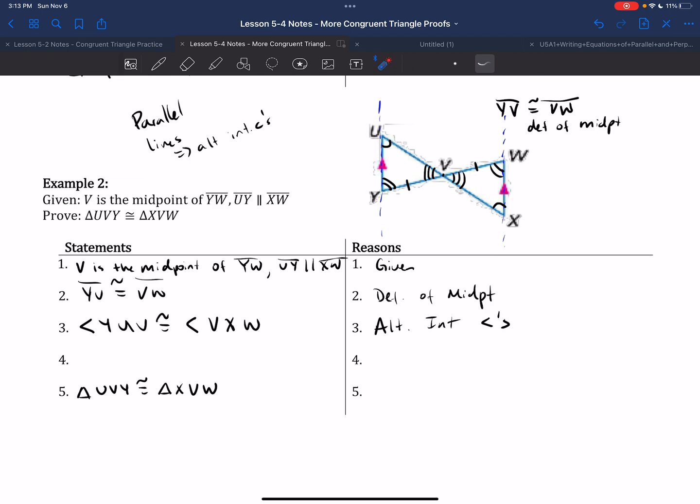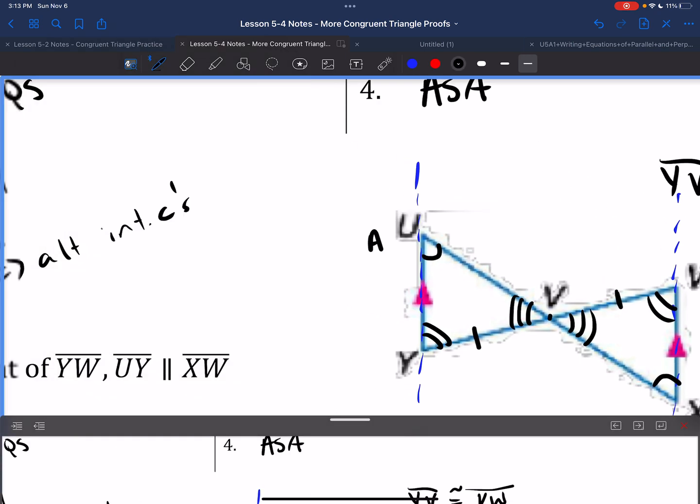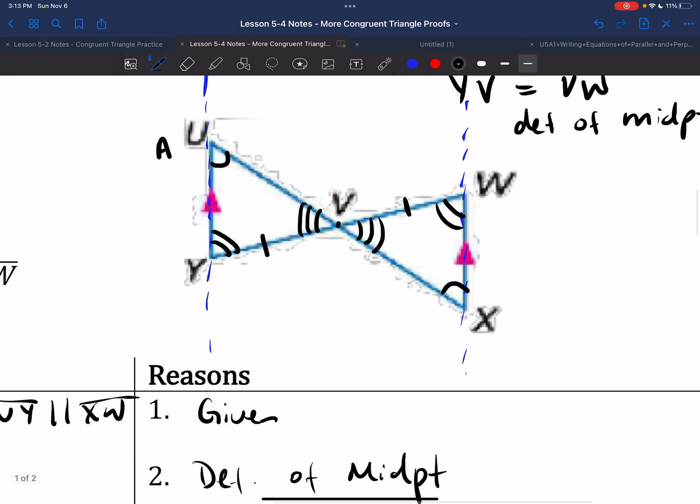Okay. Now, I could include the vertical angles, but take a look. If we zoom in, look at that. We have one arc here and one arc there. I have 2 arcs here and 2 arcs there. I can write an angle here and an angle there, because I have two arcs, right? And then notice that we have a side here and a side there, one tick mark there, one tick mark there. They're congruent, so I can put an S for side.